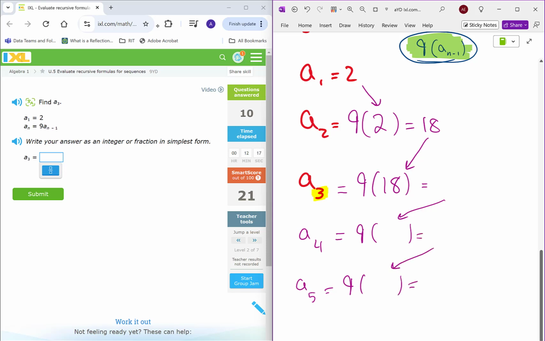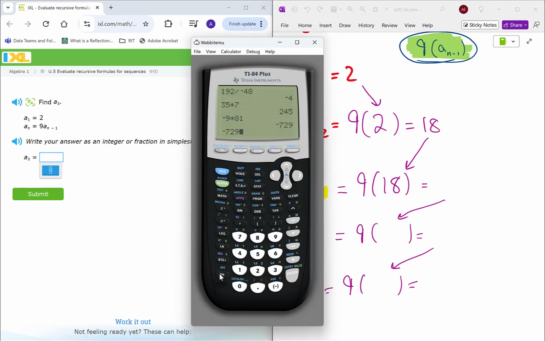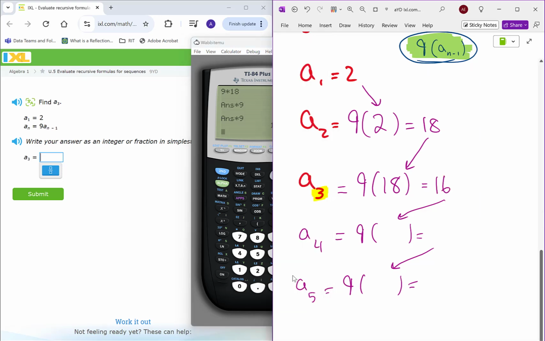And this is where, like, I need a calculator. So I'm going to say, well, 9 times 18. Let me just clear everything. 9 times 18 is going to give me 162, and that times 9 is going to give me, and that times 9. So it's 162.